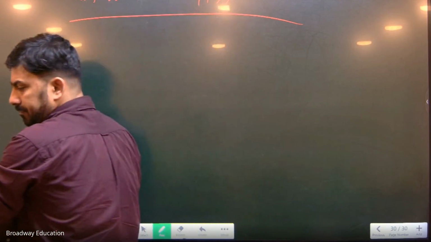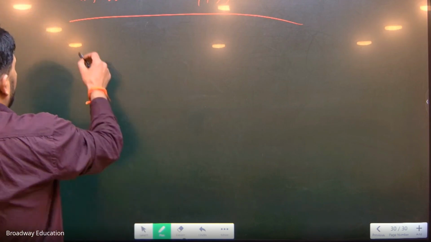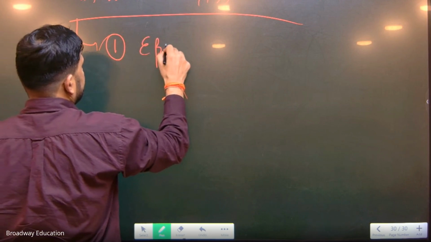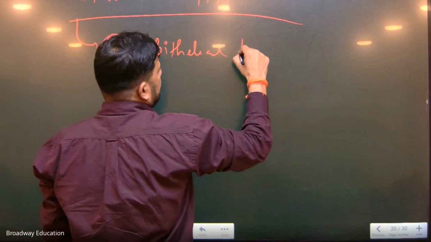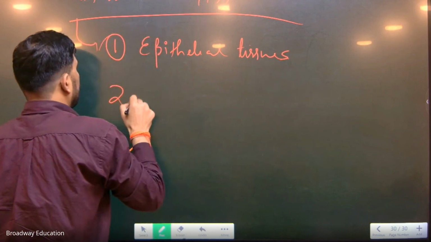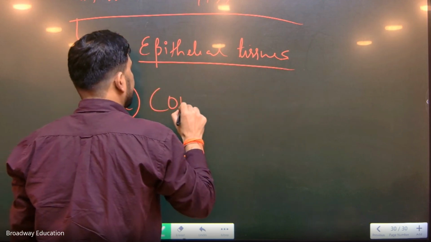Number one, epithelial tissue. Number two, connective tissue.